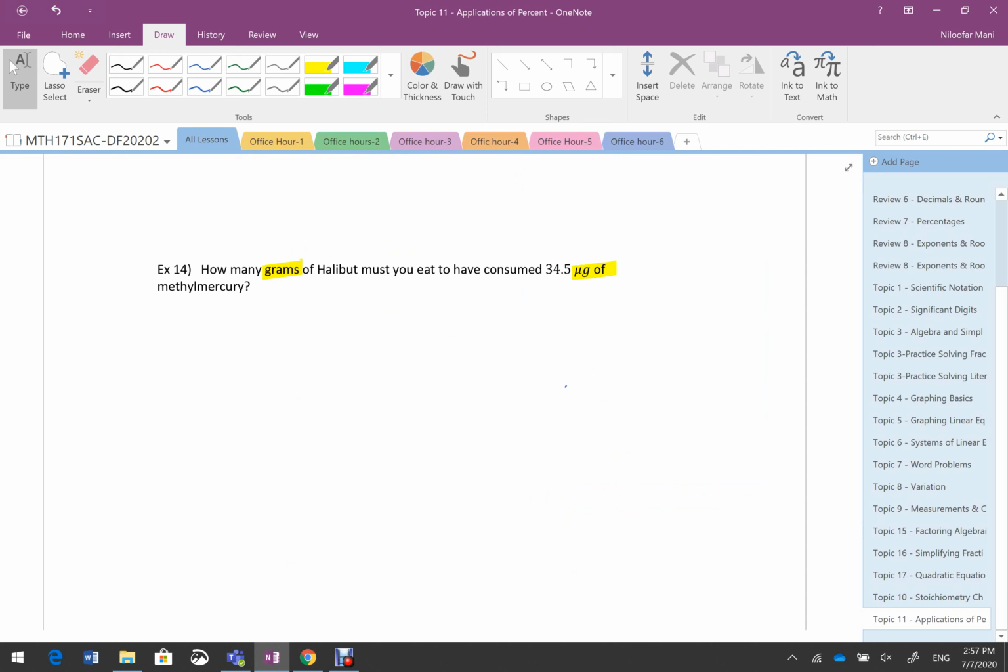So from 34.5 micrograms of mercury, I need to go to how many grams of total, because it says halibut.